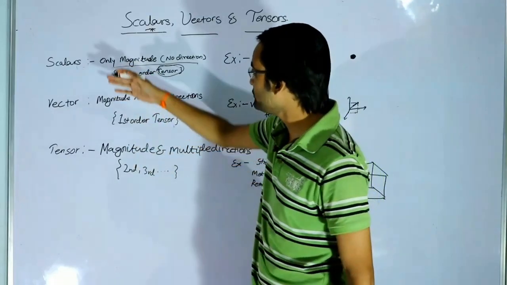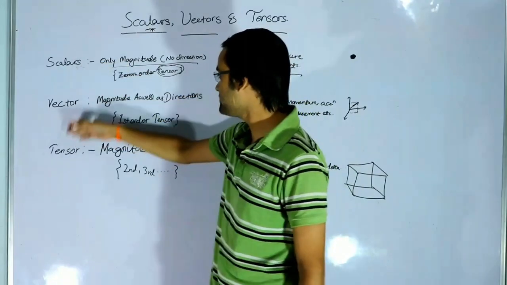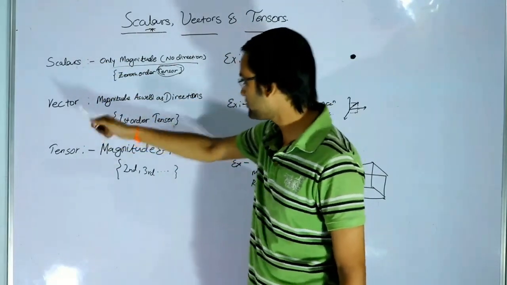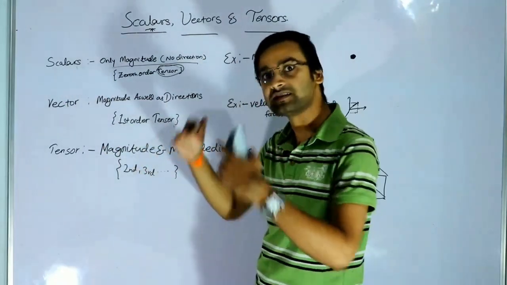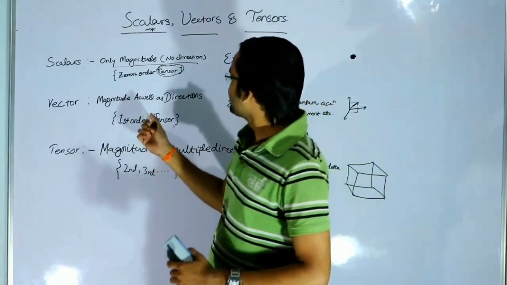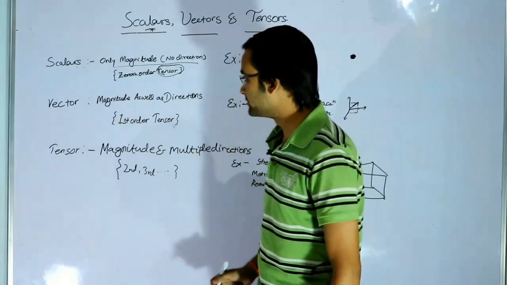According to the rank, the zeroth order tensor is known as the scalar. The first order tensor is known as the vector, and the second, third, and onwards are simply known as the tensor. So the scalar is known as the zeroth order tensor.